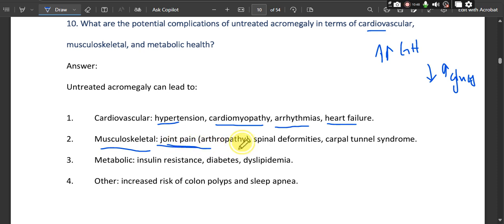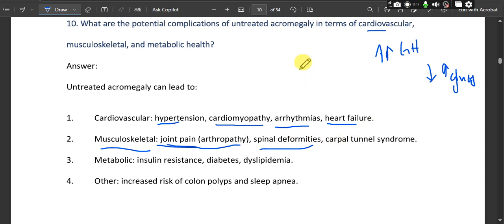So there will be joint pain, because the bones are expanding in size when the epiphyseal plates are already closed. That will cause arthropathy. Even the vertebral bones, which protect the spinal cord, will increase in size, and this can cause problems on the spine.